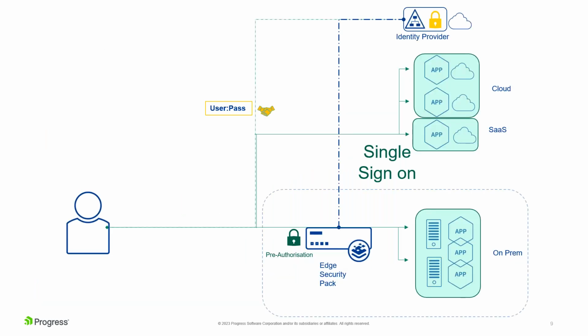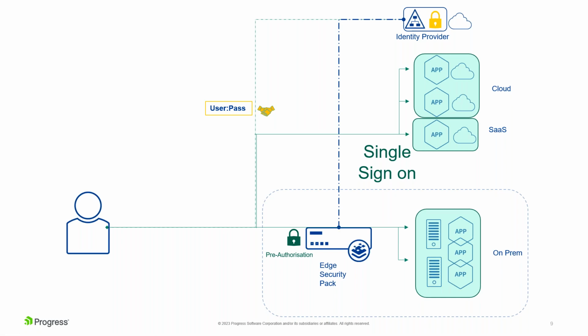How does it work? The load balancer will receive the initial request for the application. It will realize, hey, pre-authorization is needed. There's no authentication cookie for that person yet, and will redirect to the identity provider, which is the cloud in this case.